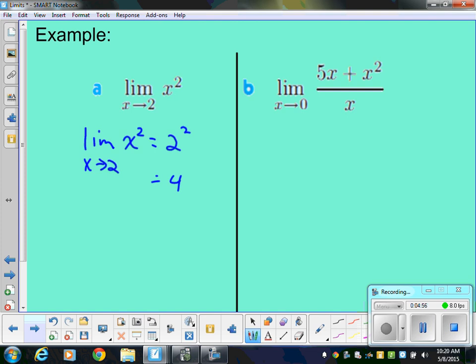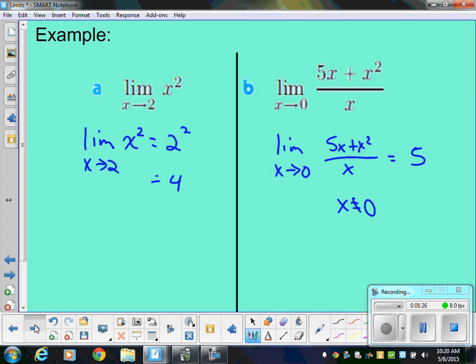Over here, I'd have to separate that out like I previously showed, but the limit as x approaches 0 of 5x plus x squared over x is 5. We can't put 0 in to get that. If I put 0 in, I don't get an answer. It's undefined. And that's why I have to separate it out and calculate it otherwise, but x is not equal to 0.